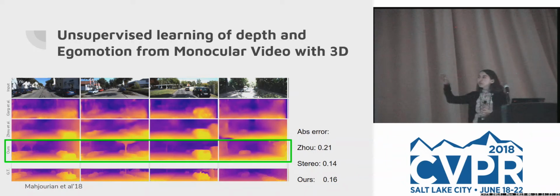If we compare in terms of absolute error, with approximate numbers here, the first work I showed of Zhou et al. has an error of 0.21, and the stereo work is 0.14, and if you use this 3D alignment trick without using stereo, you are at 0.16. So it's not better than stereo, but it is getting closer.